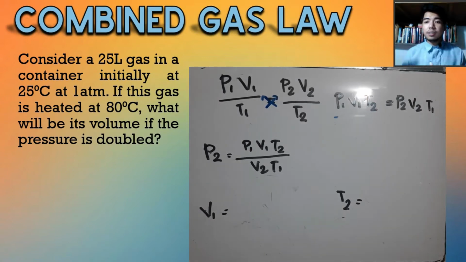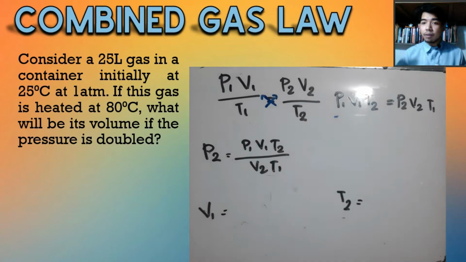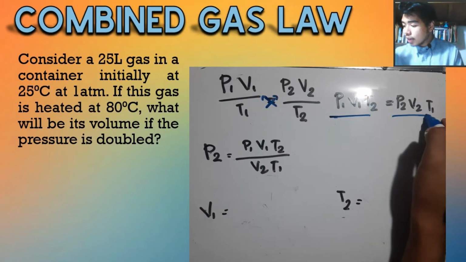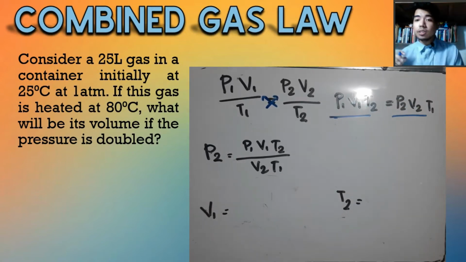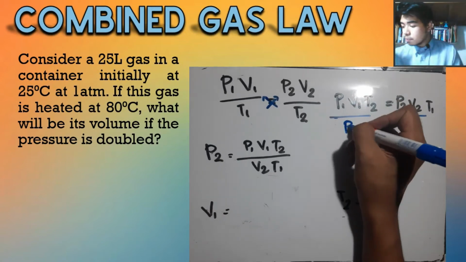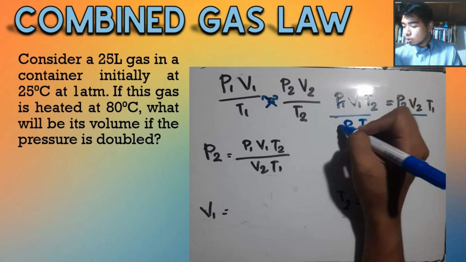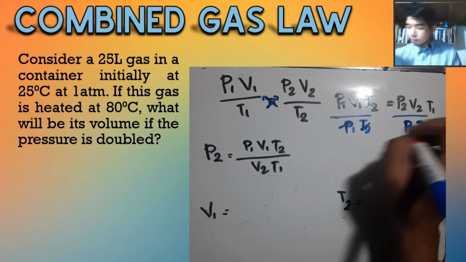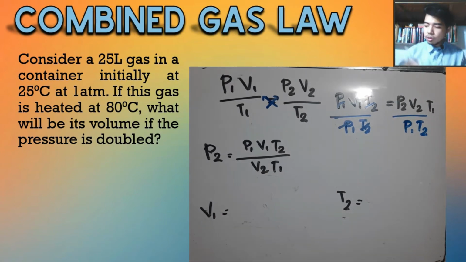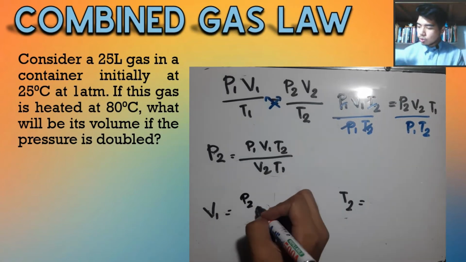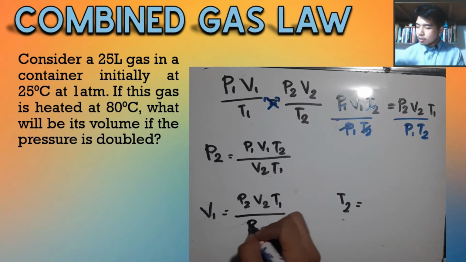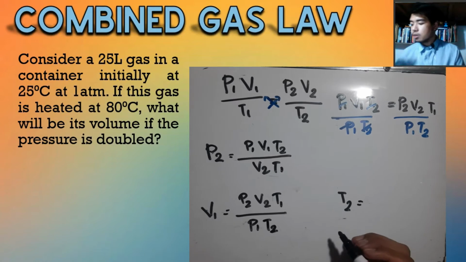In the case of V sub 1, we consider our alternative base formula, and we isolate V sub 1 by dividing both sides by P sub 1 and T sub 2. This gives us the formula V sub 1 equals P sub 2 times V sub 2 times T sub 1 over P sub 1 times T sub 2.